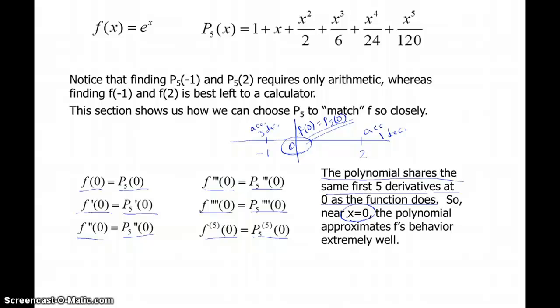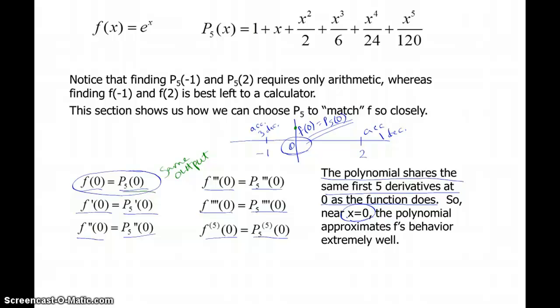Now, that's important. This forces some like behavior in our function at x equals 0. It says that in the plane at x equals 0, wherever we are, the function and the polynomial share the same point. This is the same output. We force that to happen, and I'll show you here in a little bit how we force that to happen.